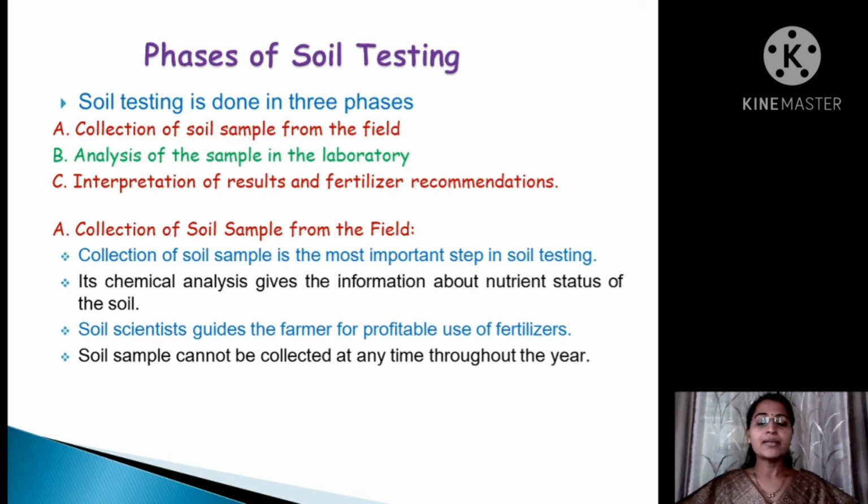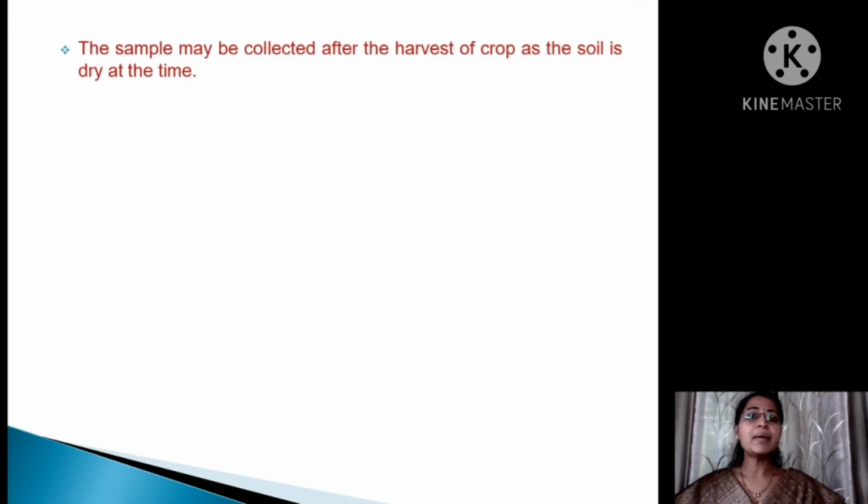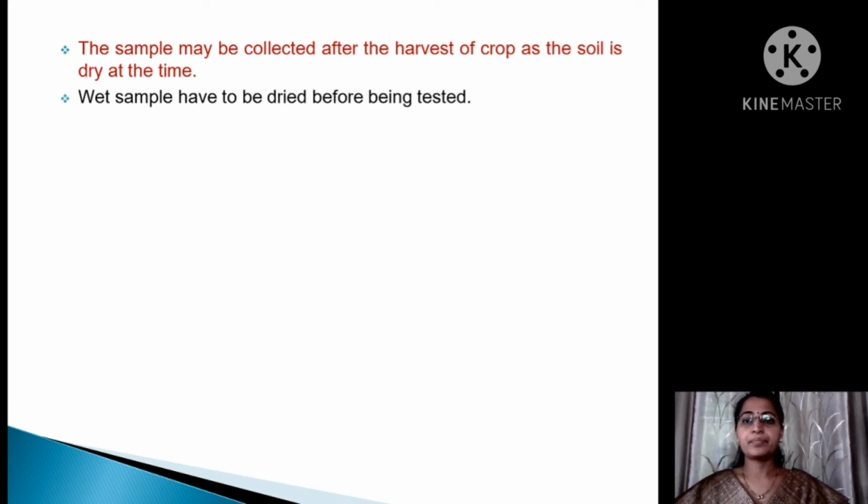Soil sample cannot be collected at any time throughout the year. Summer is the most appropriate time for collection of sample. The sample may be collected after the harvest of crop as the soil is dry at that time. Wet sample have to be dried before being tested.